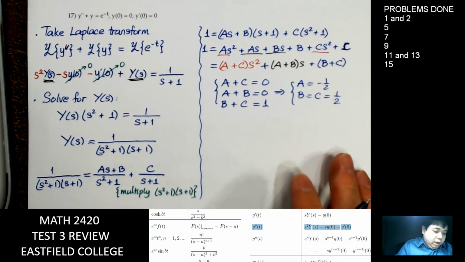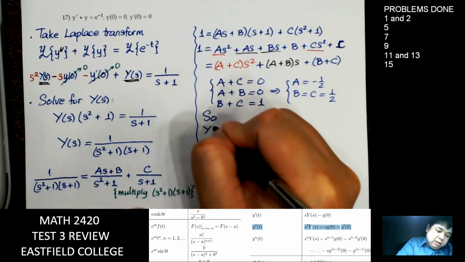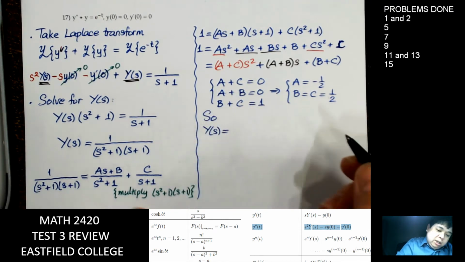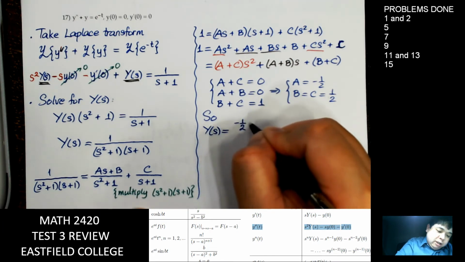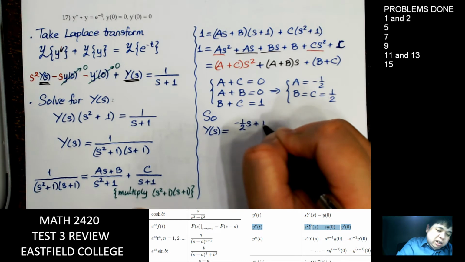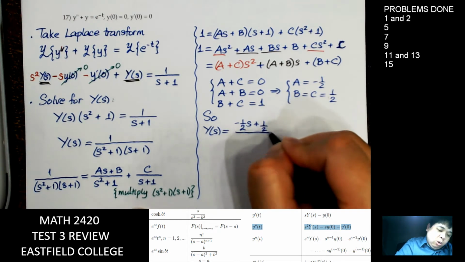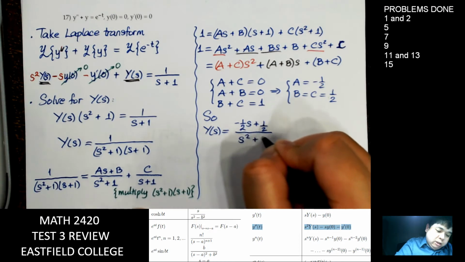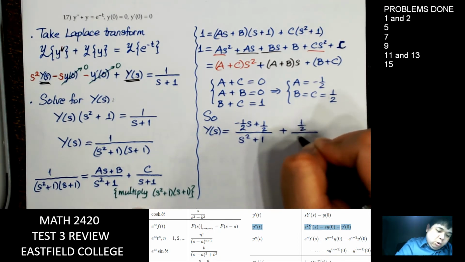Right. Now we put it back into the function. So we have Y of s equal to (negative 1/2 s plus 1/2) over s squared plus 1, plus 1/2 over s plus 1.